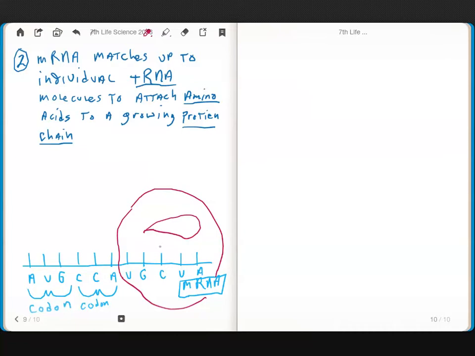Well, here's what happens. Step 3. The messenger, so let me label this. There we go.